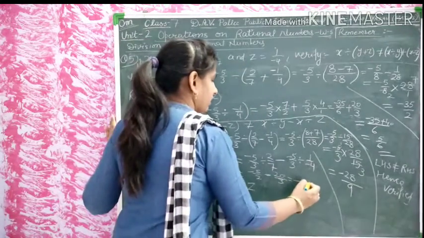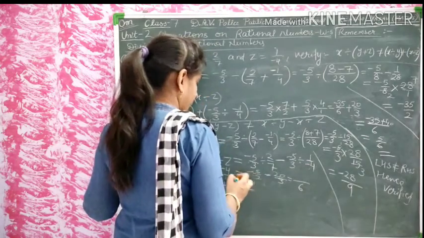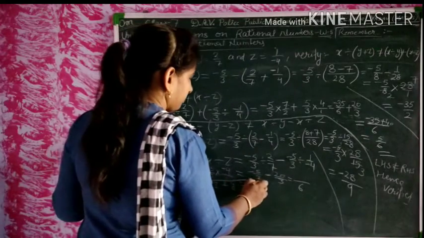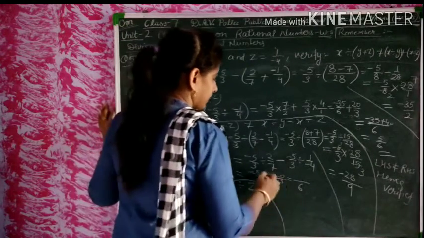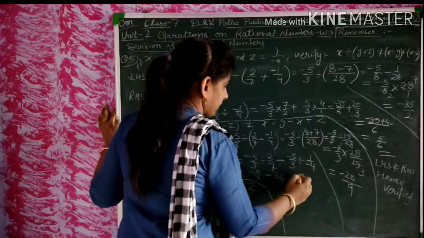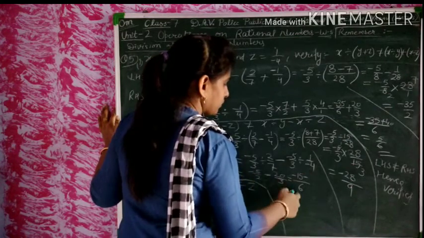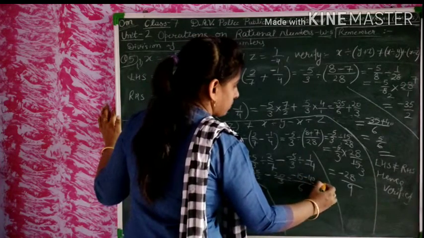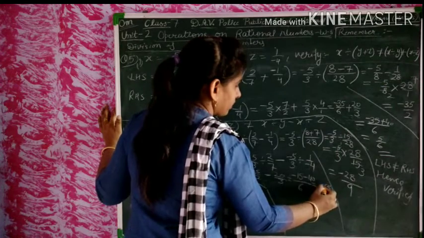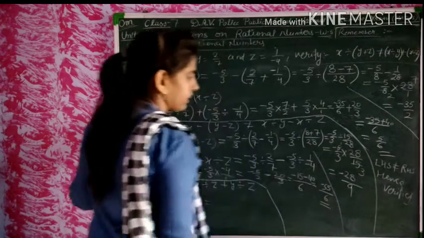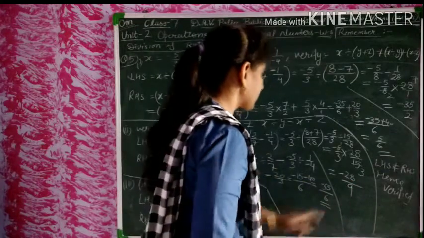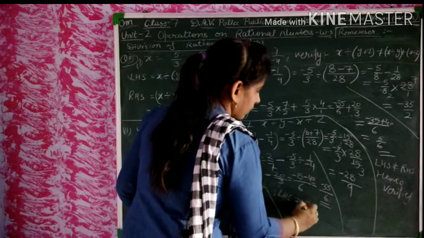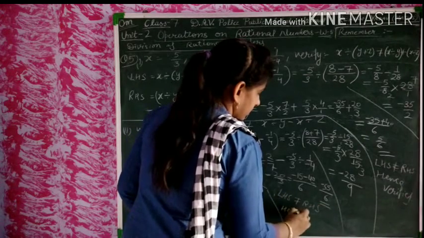Now we will take the LCM here, that is 6. 2 3s are 6, that is minus 15, and minus, 3 2s are 6, 2 20s are 40, and this will become minus 5 divided by 6. We will get it, and this is the LHS and this is the RHS. Hence LHS is not equal to RHS, hence verified.